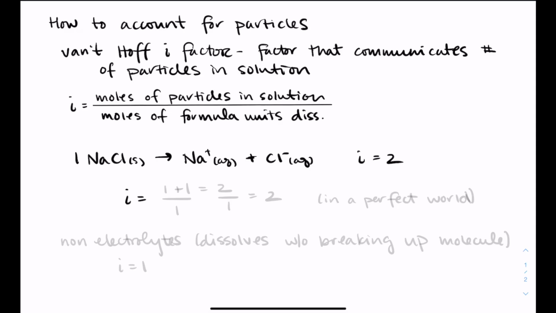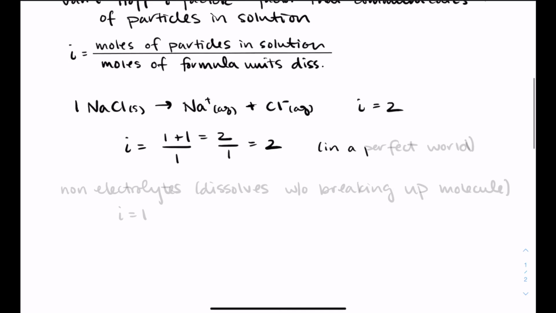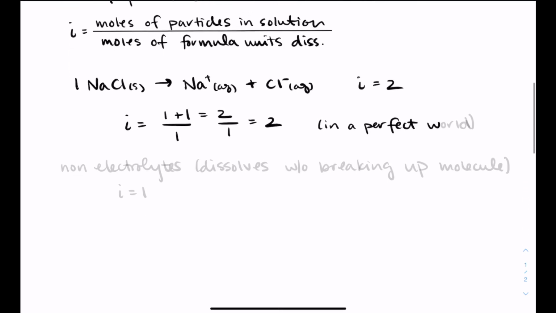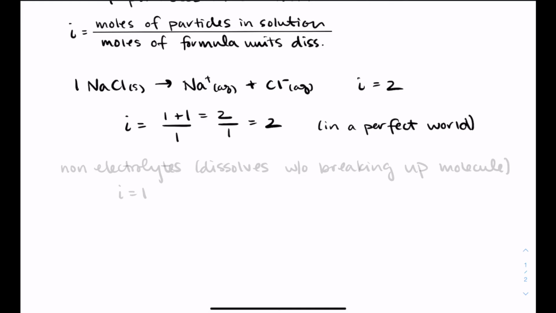Now this is in a perfect world. We don't have a perfect world, so depending on what's going on, we may not get this perfect world Van't Hoff i factor. However, when I give you questions where you have to consider the Van't Hoff i factor, you can either 1, assume that it is a perfect world, or 2, that is the thing I will be asking you to find.